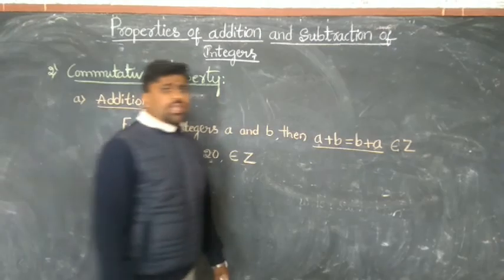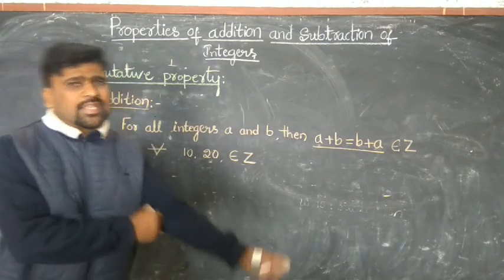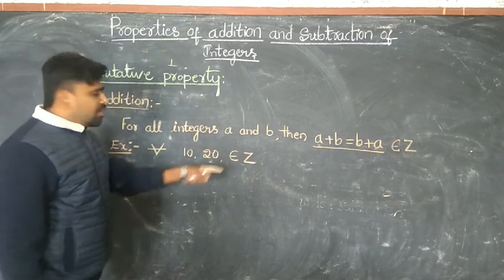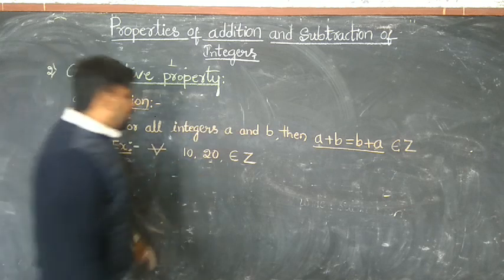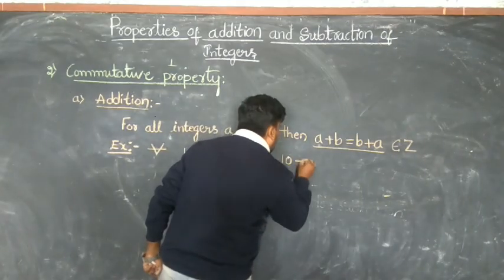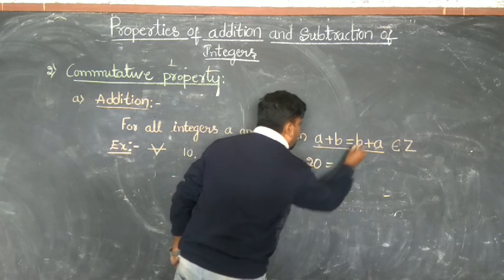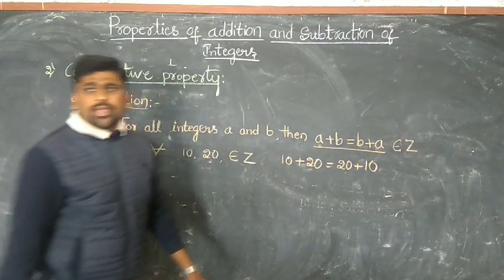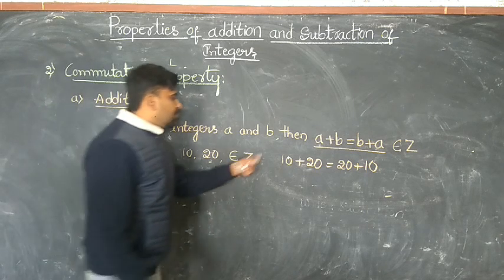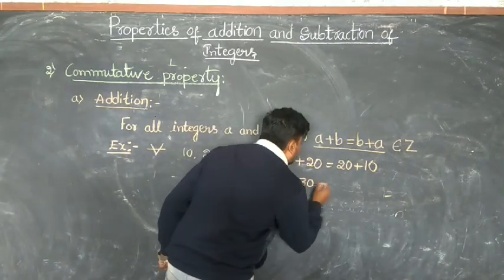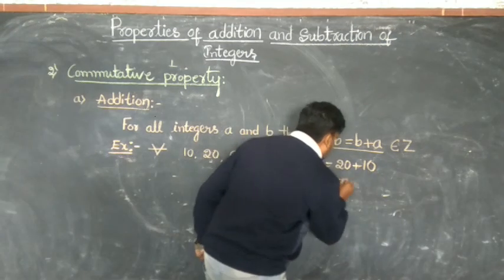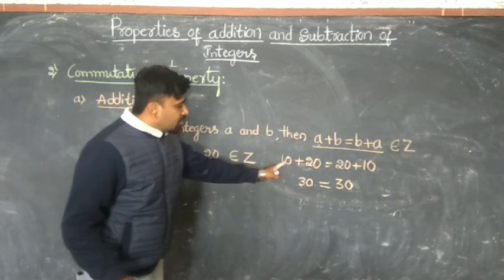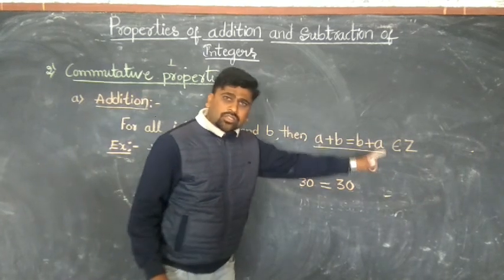A plus B is equal to B plus A. Here A will be 10 and B will be 20. That means 10 plus 20, and here 20 plus 10. 10 plus 20, answer is 30. 20 plus 10, again answer is 30. Answer is the same: LHS 30 and RHS is also 30.